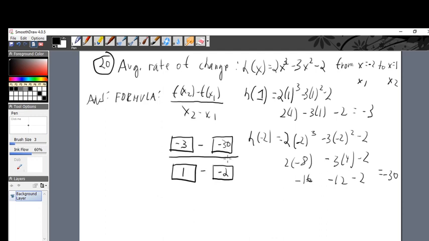That's what we're looking at. It is going to be -3 plus 30. And what's 1 minus -2? It's 1 plus 2, which is 3. So this is going to be equal to 27 over 3, which is equal to 9.